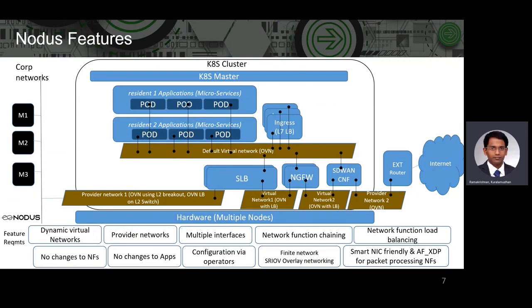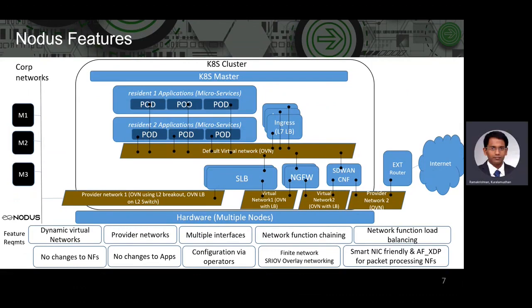Here you can see the multiple networking features: creation and deletion, maintaining the dynamic virtual network, provider network, and multiple interfaces, and network function chaining and load balancing for those network functions as well.